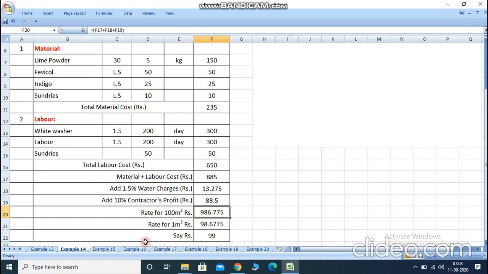So overall, for 100 square meters, the 1 square meter rate is 986.77 divided by 100, so we got 9.86. The rounded figure is 10 rupees per square meter as the rate for whitewashing 3 coats.